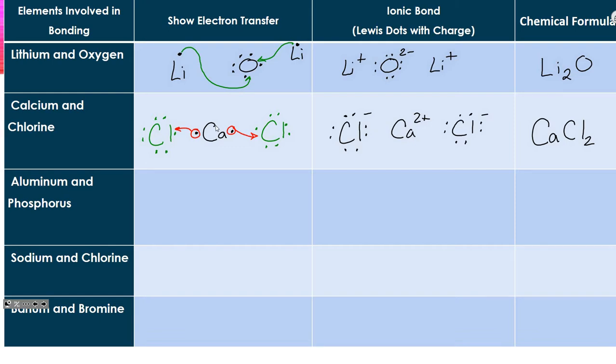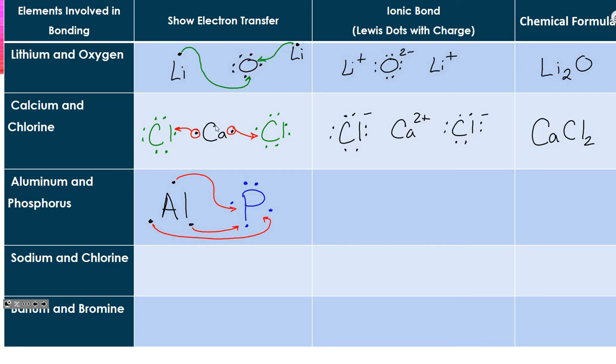Going with the next one, aluminum. How many does aluminum have around it? 3. I heard it. 3. And then we have phosphorus. How many's phosphorus got around it? 5. That's correct. So we're going to easily be able to move these, one right here, one right here, and one over here, to make phosphorus have its 8.